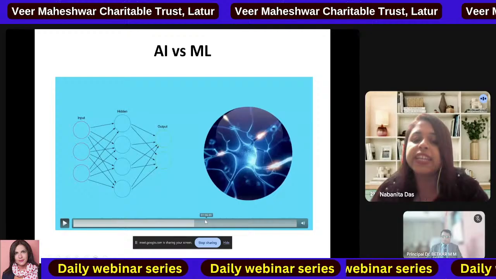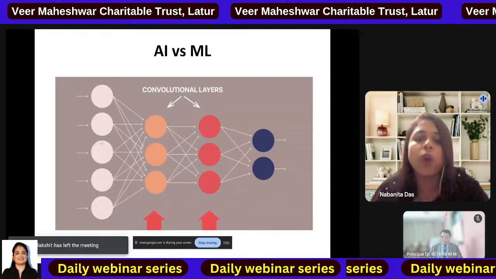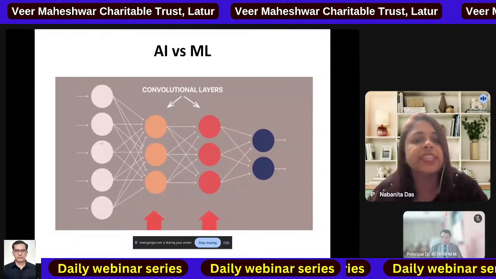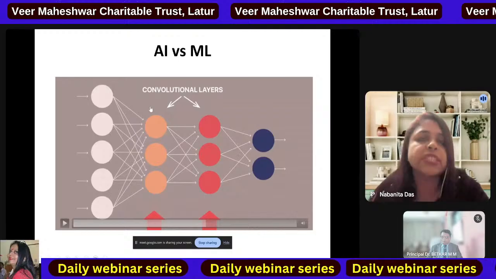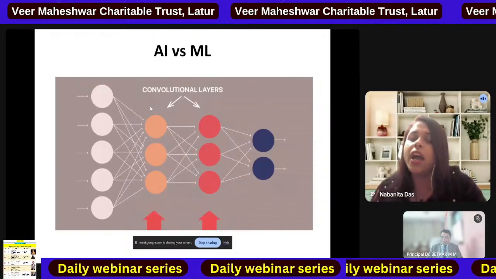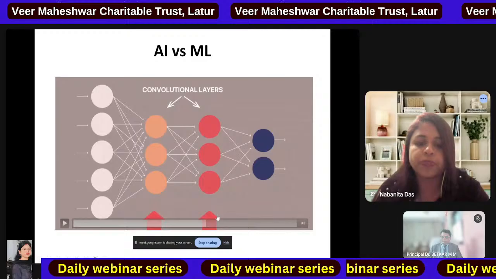Here several neurons collaboratively work together to understand the pattern and to generate the decision. Now in medical informatics there is a huge role of AI, ML and deep learning, which I will explain with some work later.